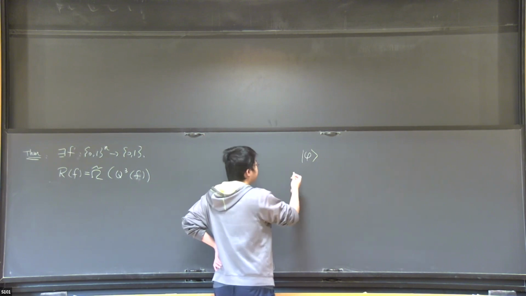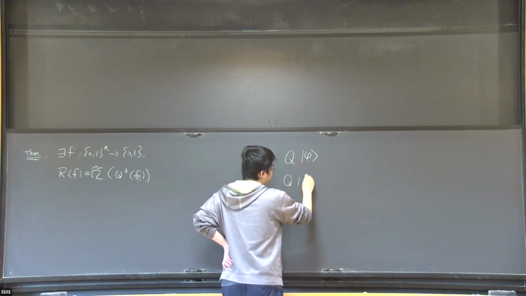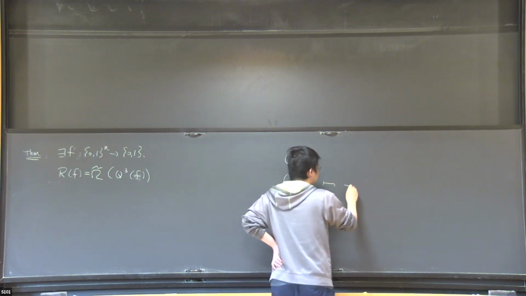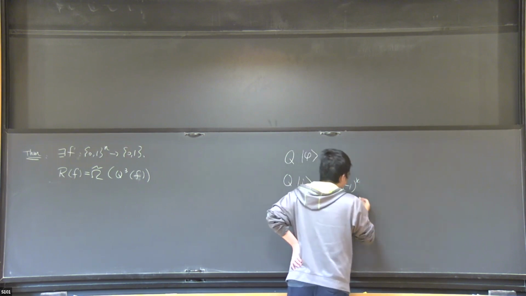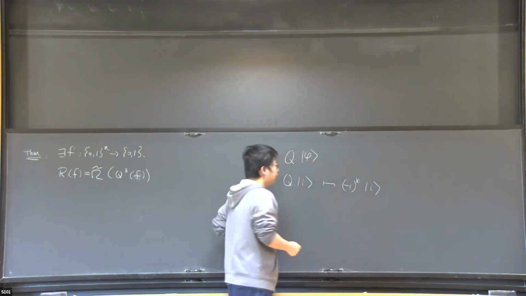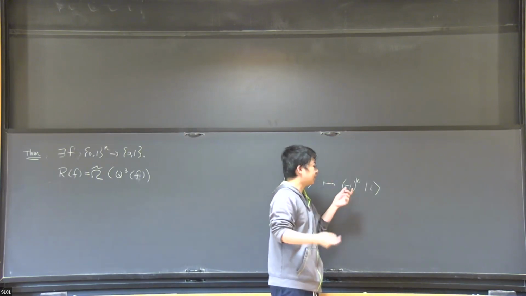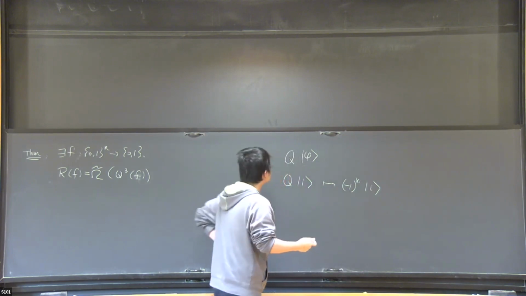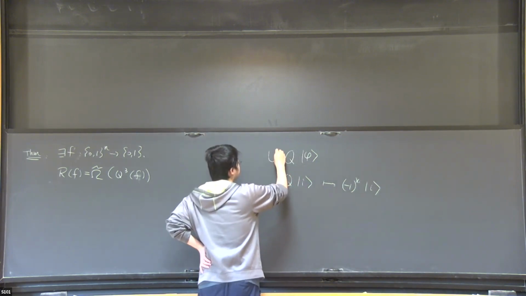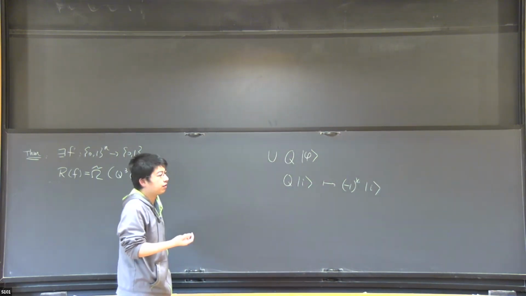A query corresponds to an operator that maps a query index i to (-1)^{x_i}. So when you make a query, you append this sign into your amplitudes. And when you do a computation, you can apply an arbitrary unitary operator independent of your input.